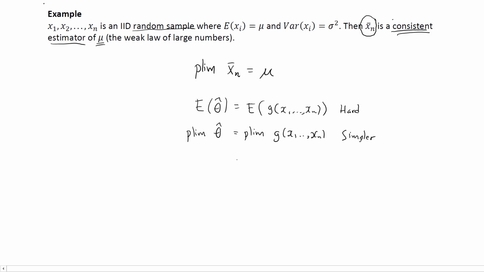As discussed previously, you will also see that in many cases, the expected value of your estimator is not equal to theta, but you will find that the probability limit of theta hat is equal to theta. These are two of the reasons for why consistency tends to be a more important property of an estimator, at least in more difficult statistical problems.